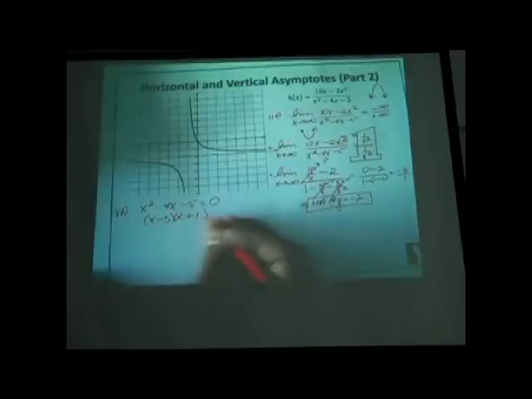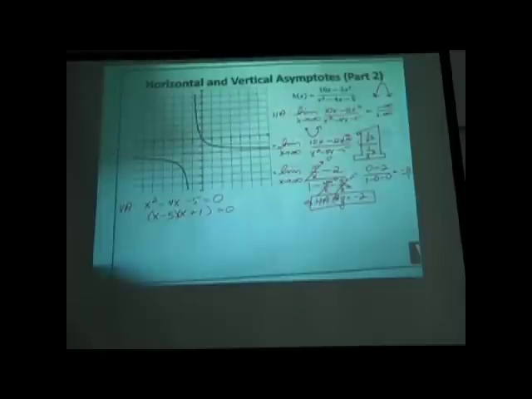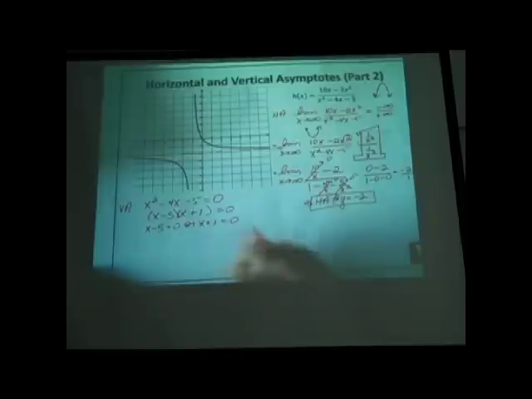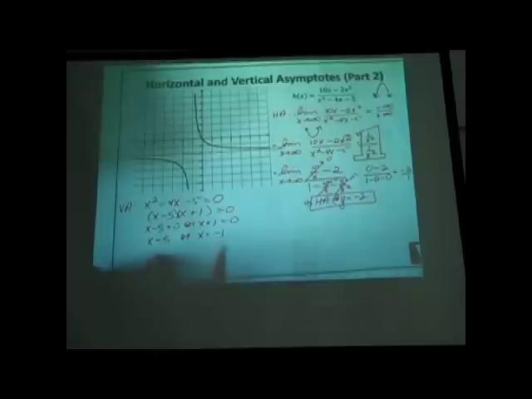I do some old school factoring to get x minus 5 times x plus 1 equals 0. How does that work? x minus 5 equals 0, or x plus 1 is equal to 0, x equals 5, or x equals negative 1. It appears from the work that we've just done that we have two vertical asymptotes at x equals 5 and x equals negative 1.